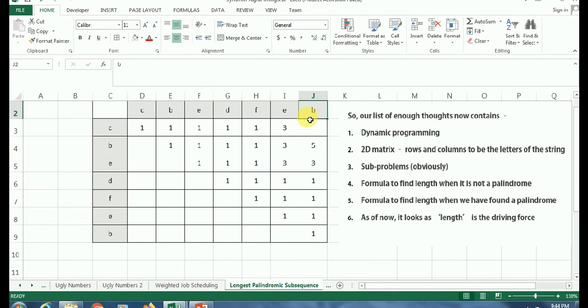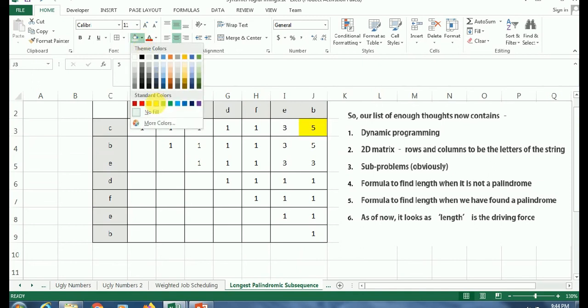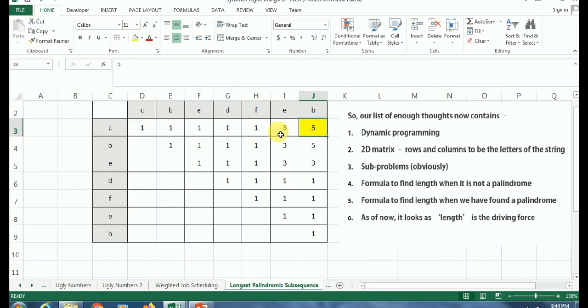Since C is not equivalent to B, hence point 4 will be applied here, which is going to be the maximum of 3 or 5. So I get 5 here as my answer, and this becomes the length of the longest palindromic subsequence of my string. Now we'll work on finding the components which are forming this palindrome.